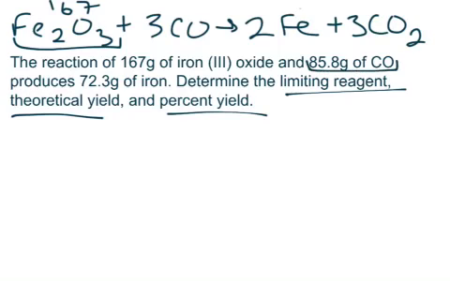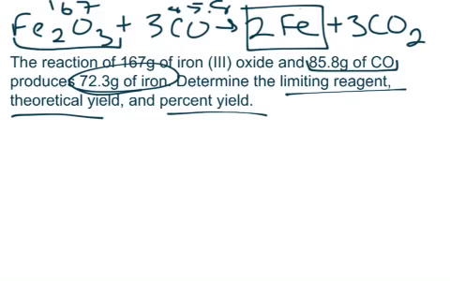We have 85.8 grams of carbon monoxide, and it says the reaction produces 72.3 grams of iron. So this is going to be the product we compare both of the reactants to. And we're going to see, is it 72.3, or are we going to predict that it actually should have made more than that, and compare it to the 72.3?